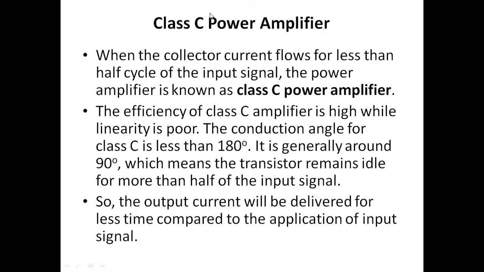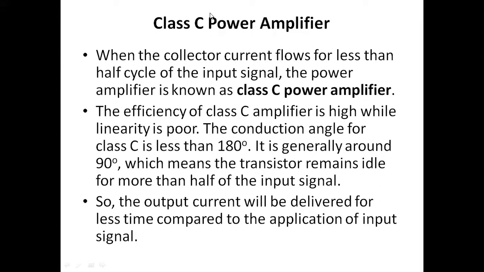In class AB, the transistor conducts for more than half cycle but less than full cycle. But in class C power amplifier, the transistor conducts for less than half cycle, that is less than 180 degrees. When the collector current flows for less than 180 degrees of the input signal, the power amplifier is known as class C power amplifier.